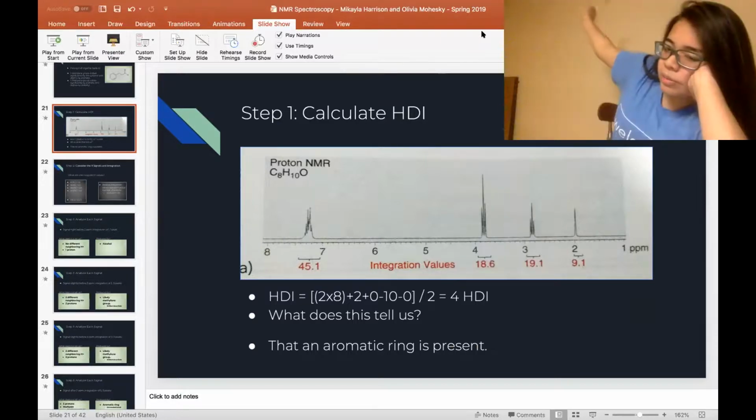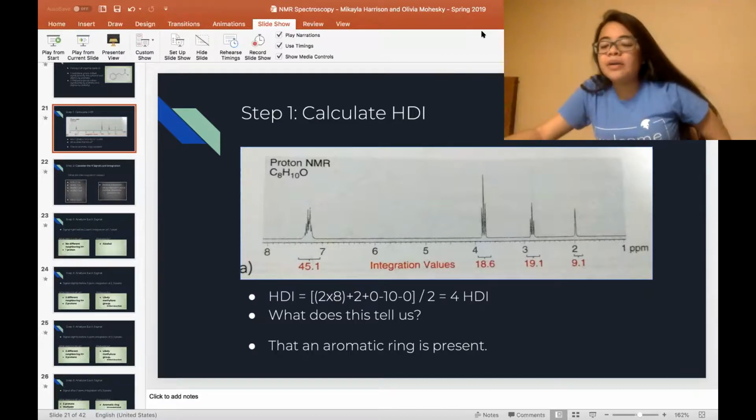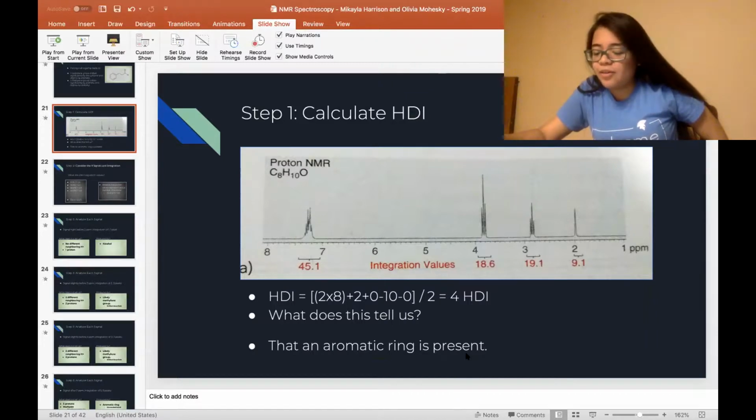I was just curious about the integration values. Whenever you multiply them out, say you get 1.5 and then you multiply it by 2, and then when you add both of them up, you don't get the number of hydrogens that you should have. So then what do you do?